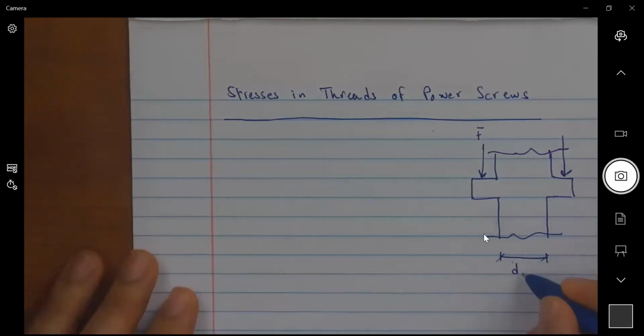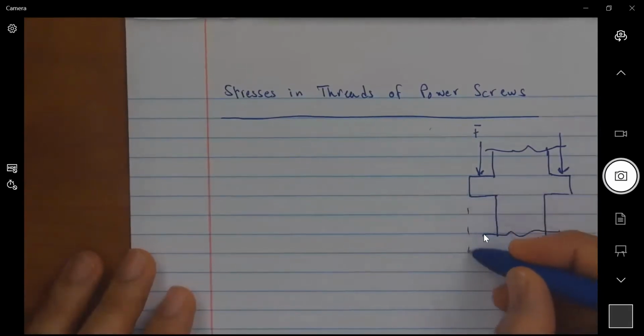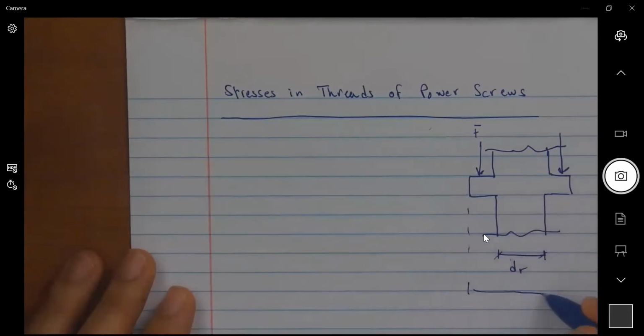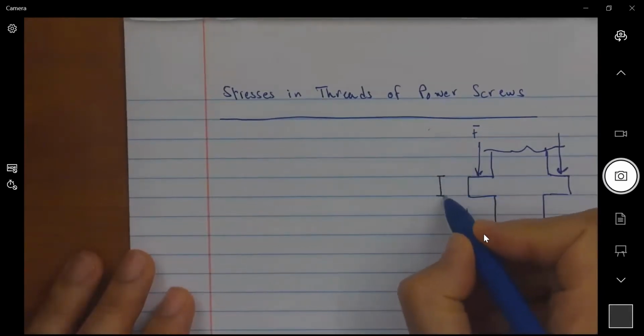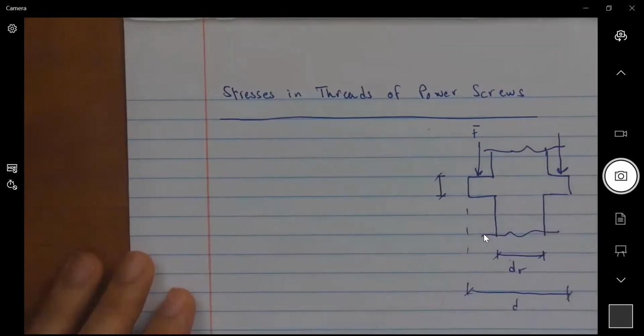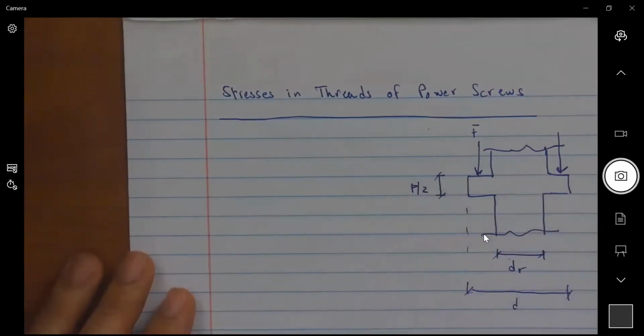The thread has a minor diameter dr and a nominal diameter d. And as we look at the threads, the width of the thread is equal to the pitch over 2.